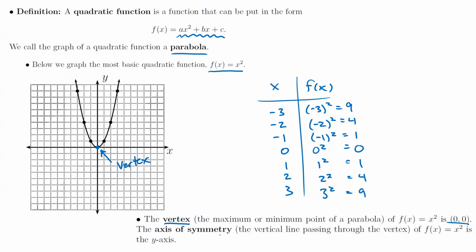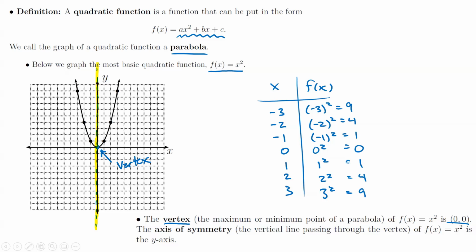And then the axis of symmetry. You can see that the parabola is symmetric, and we'll really emphasize this here: symmetric about the line x equals 0.